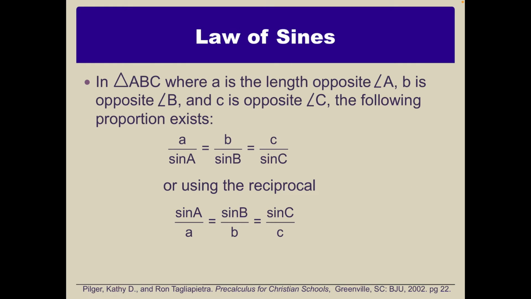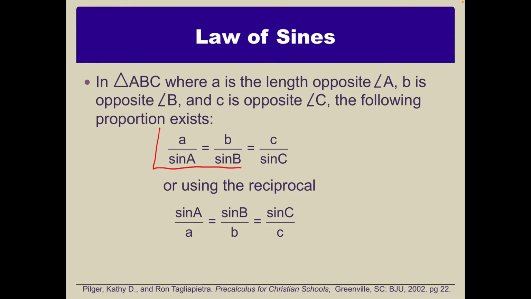So here is the law of sines, which there is a proof for that we will work on later. It says in triangle ABC, where a is the length opposite angle A, b is the length opposite angle B, and c is opposite angle C, the following proportion exists. Side a over sine of angle A equals side b over sine of angle B, which is also equal to side c over sine of angle C. Now, we don't take this whole equation at once.